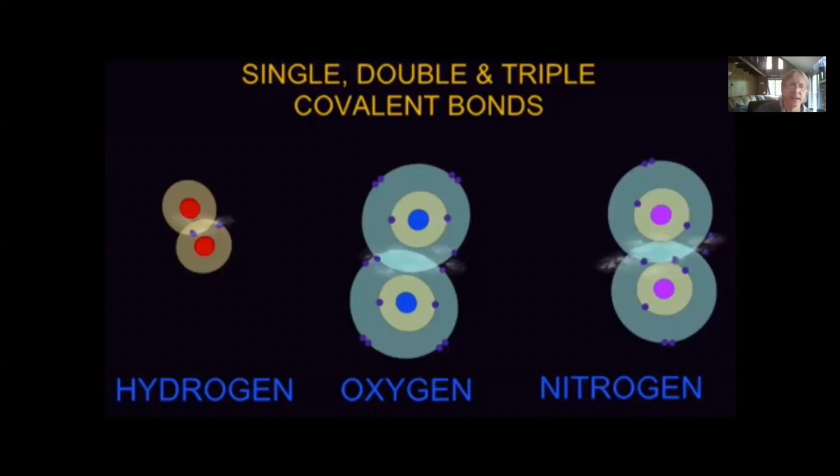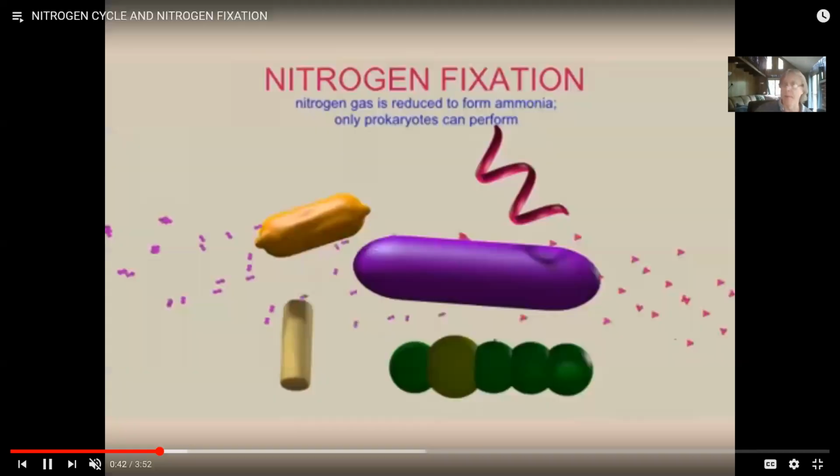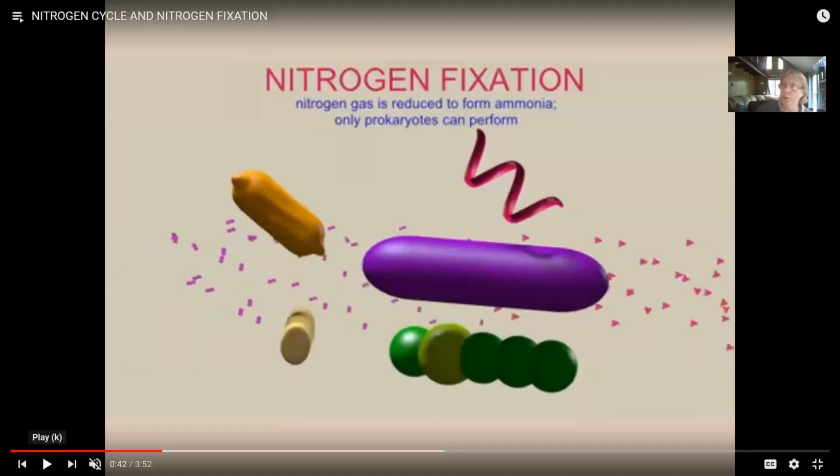It is such a strong bond that even though most of the air that you are breathing is nitrogen gas, you don't have the ability to convert nitrogen gas into a usable form of nitrogen, like say ammonia or nitrate or nitrite, which can then be incorporated into biomolecules. You can't do it. No animal can. No plant can. But bacteria can.